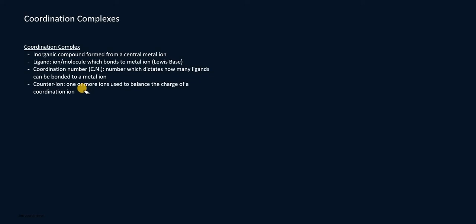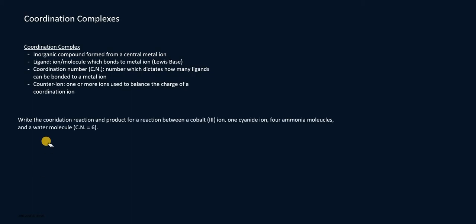So let's look at an actual example of a coordination reaction and how you write out the reaction and the product of that coordination reaction. Here's our question. Write the coordination reaction and product for a reaction between a cobalt(III) ion, 1 cyanide ion, 4 ammonia molecules, and a water molecule.